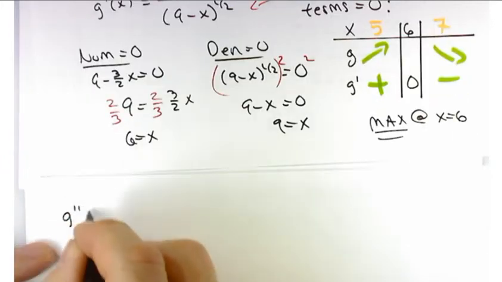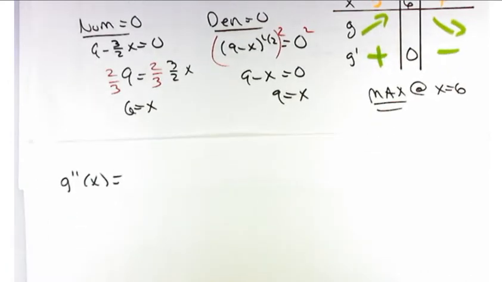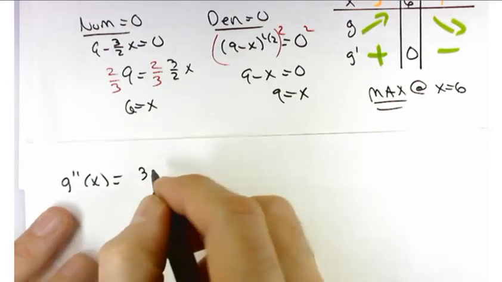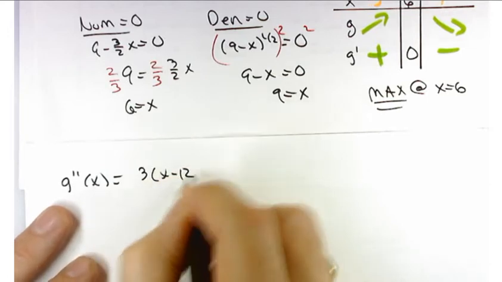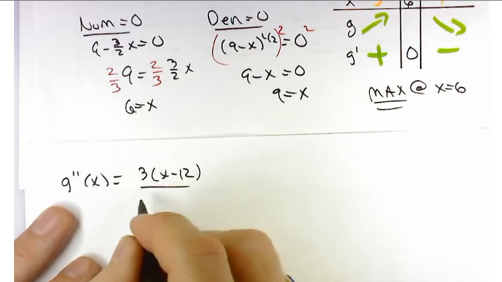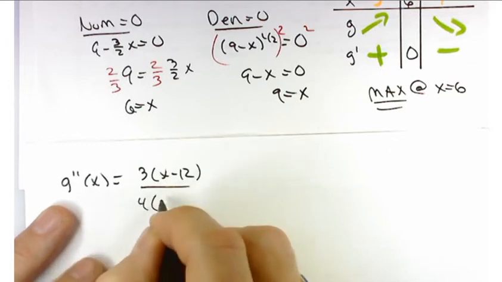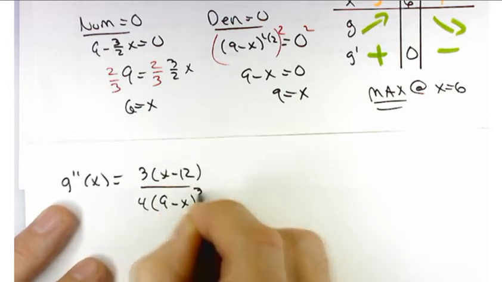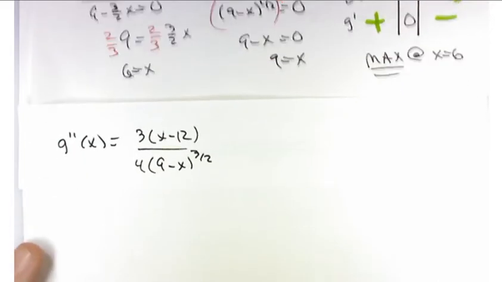G double prime of x, and this has already been cleaned up, is going to be 3 times x minus 12 over 4 times 9 minus x to the 3 halves. All right, so I've done some work to clean that up for you a little bit.